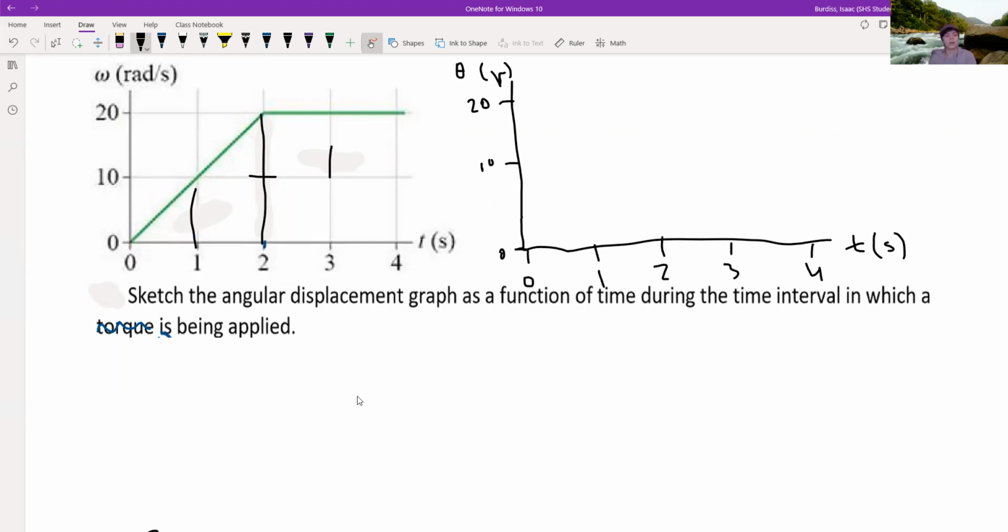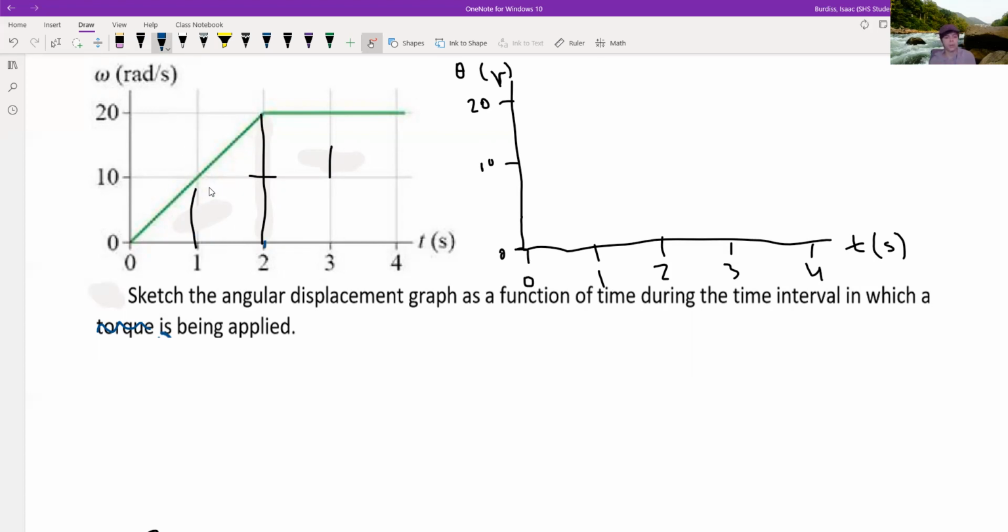Done. All right, so why don't we do the area under the curve so that we can find out, because we know area under the curve for a velocity graph is the distance, even when it's rotational.